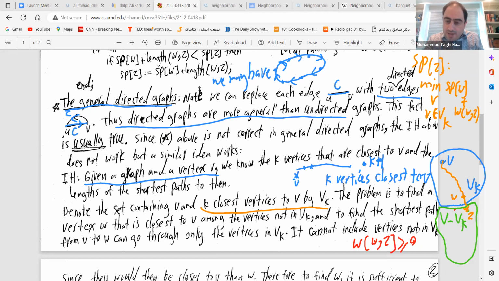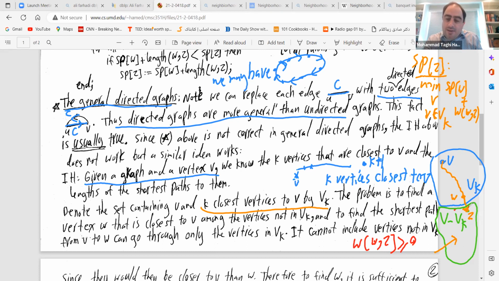So how can we find this vertex? That's the thing that we will do. We will go over all vertices in V minus Vk, compute SP of Z, and take the vertex Z that has the minimum one.